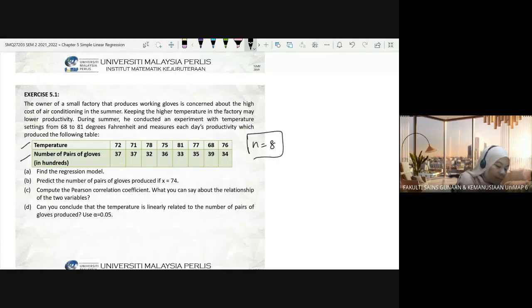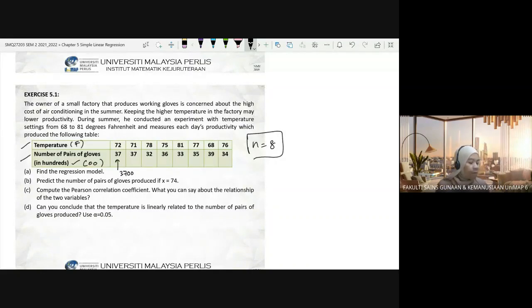In 100 means the actual value is 3,700 gloves produced. That is what is meant by in 100. For calculation ease, everything is put in terms of 37, 37, 32 and so on, but the temperature is in Fahrenheit.